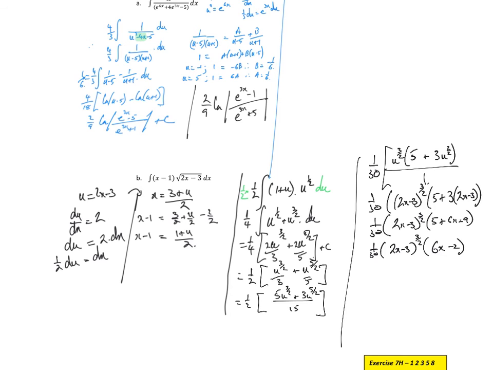If I bring a 2 out the front of that bracket, I'll get 2 on 30, which is 1/15, (2x minus 3) to the 3 on 2 outside of (3x minus 2). Looks better.